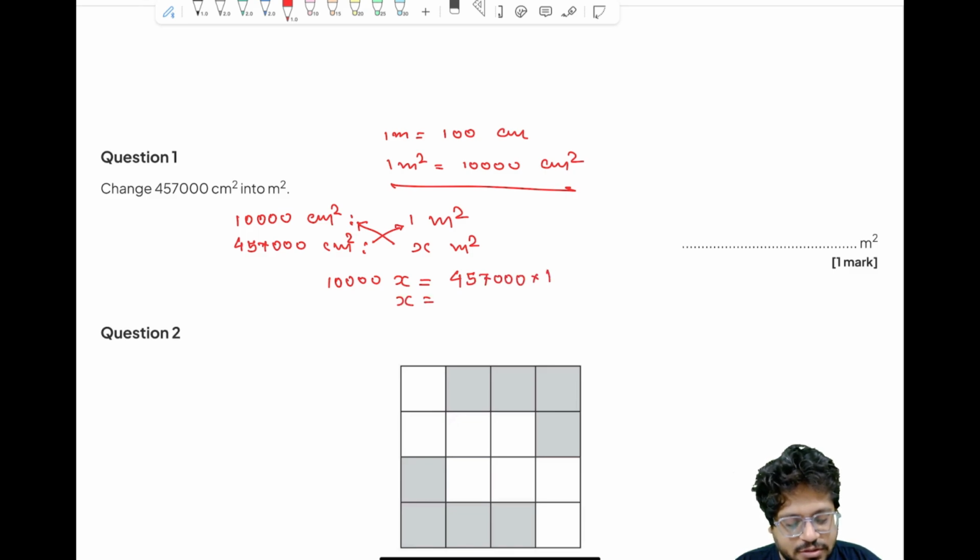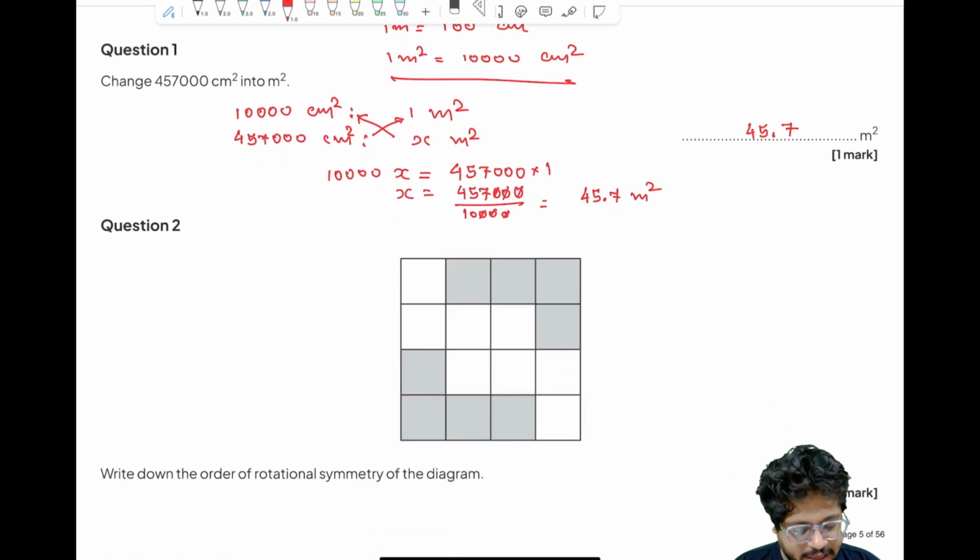So this x, which is the meter square, will be 457,000 divided by 10,000. Sorry, I think I added one extra zero here. Yeah, so cut the zeros. So it is 45.7 meters square. Clear?